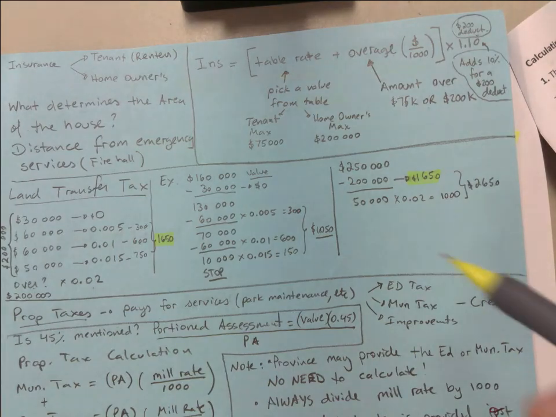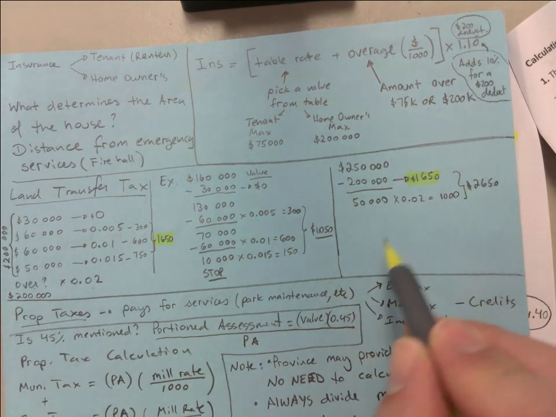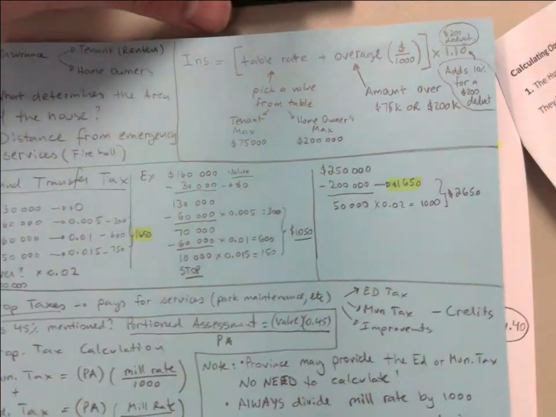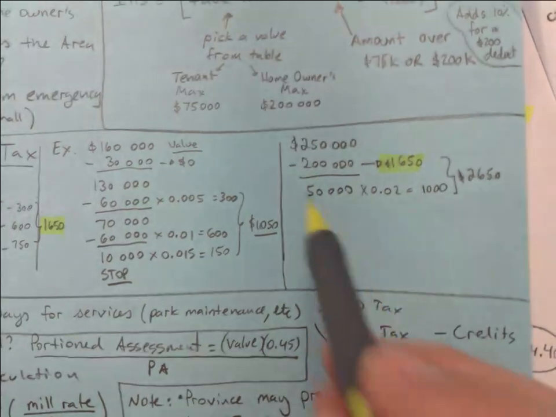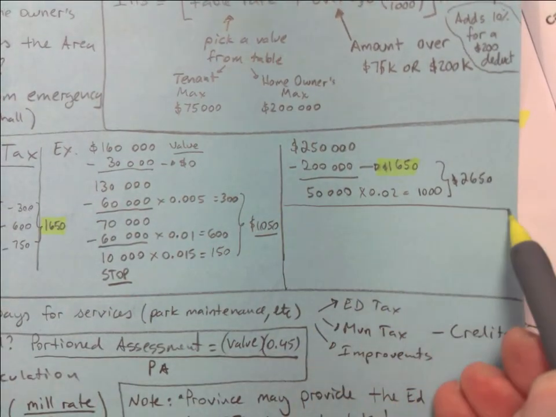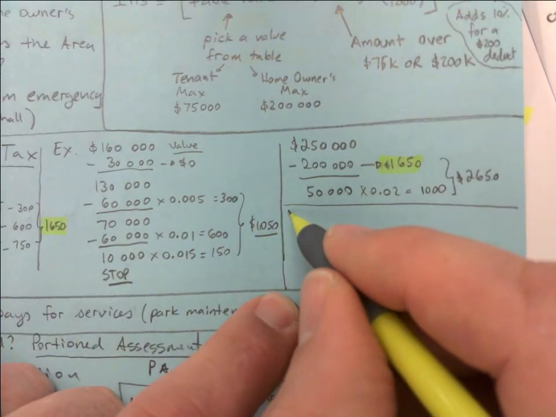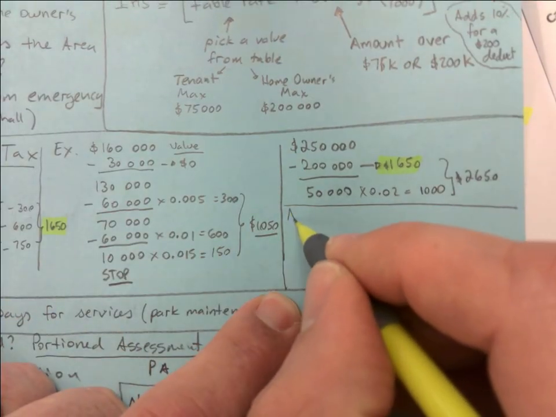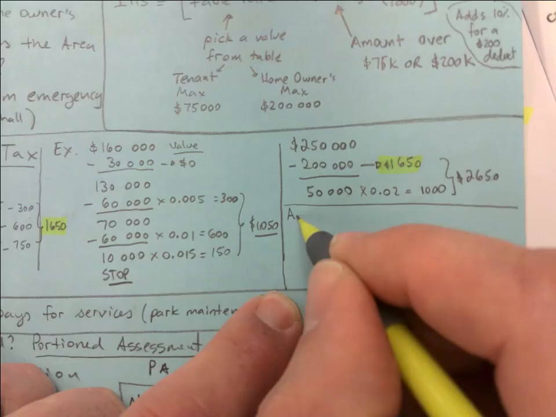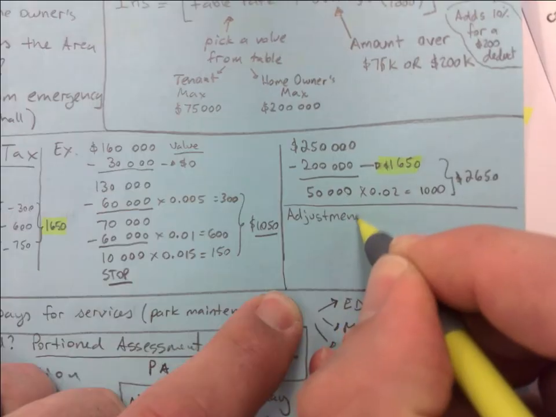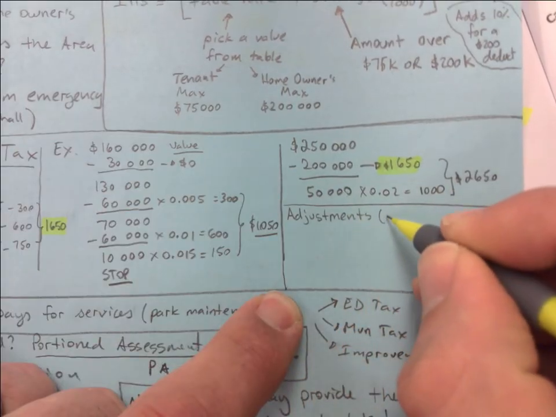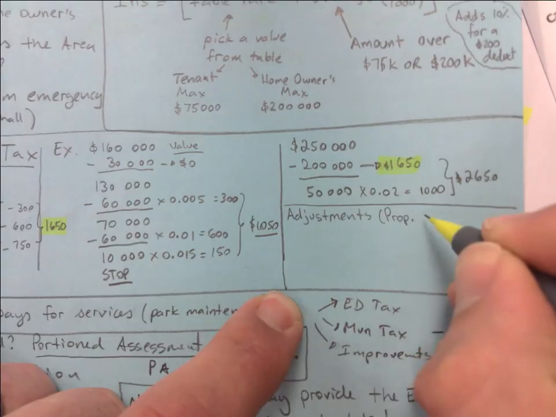Somewhere, I'm going to use this space right here on my study sheet for adjustments. So I'm going to cut this off here, and property taxes.